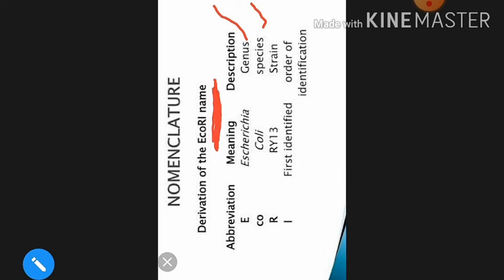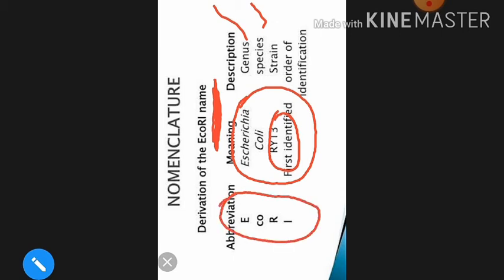coli bacteria, like you can say this one, Escherichia coli, this is the name of the bacteria, and RY, this is the strain, okay. तो depending upon the species, upon the genus, we will have to give the name of each to each enzyme.